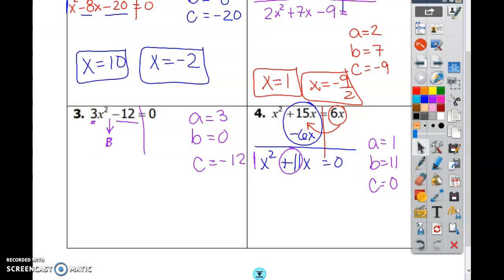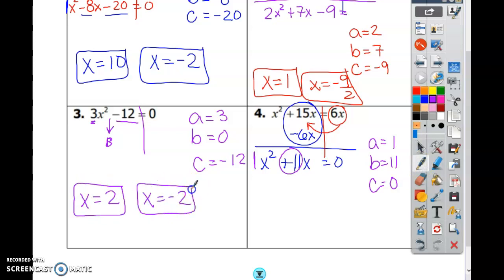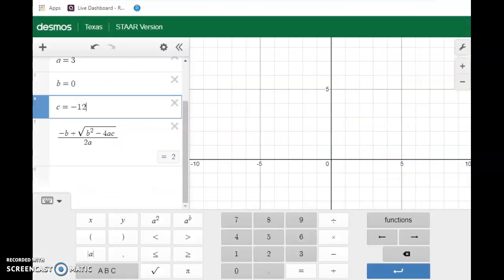So right here, I would just type x equals 2 and x equals negative 2. Or you can say x equals plus minus 2. Because it can be a positive or it can be a negative. And then the last one, if you type these numbers in, what does it give you? I have a 1, 11, and 0.